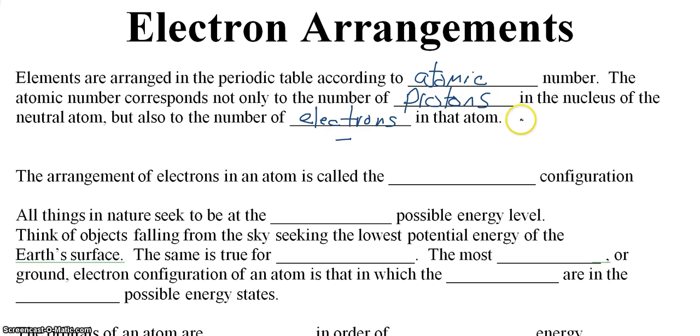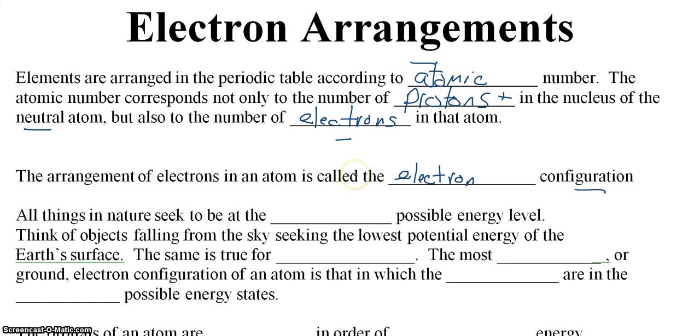Electrons are negatively charged, protons are positively charged. So that makes it a neutral atom. The arrangement of electrons in an atom is also called the electron configuration. Configuration and arrangement are synonyms.